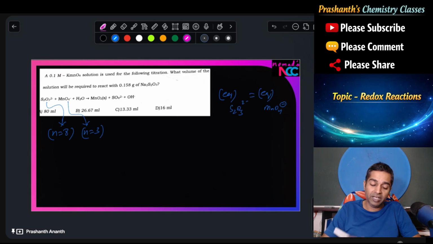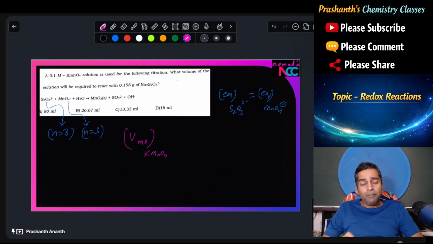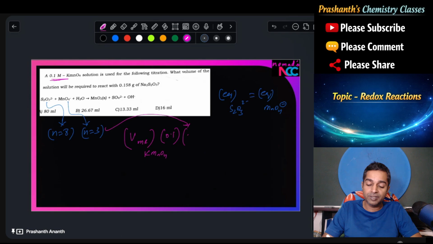So in this particular case, let's assume V mL of KMnO4 is used. So V mL into the molarity. The molarity has been given as 0.1 molar. Correct? So into 0.1 molar into the N factor for the KMnO4, which is 3.